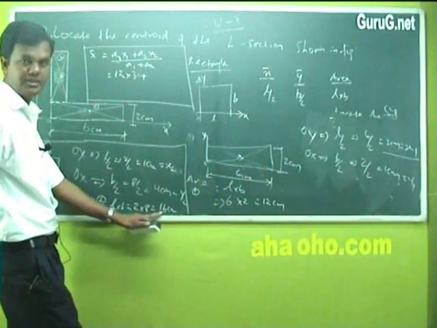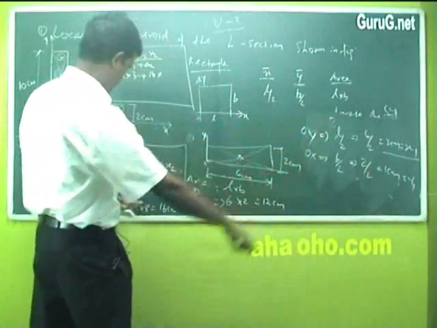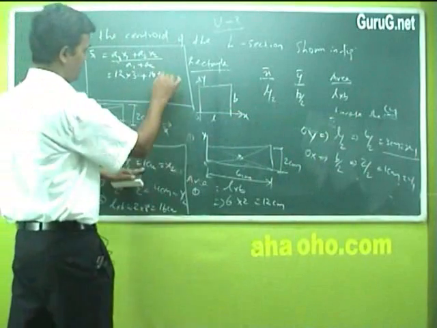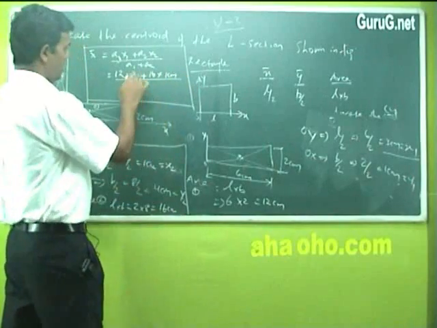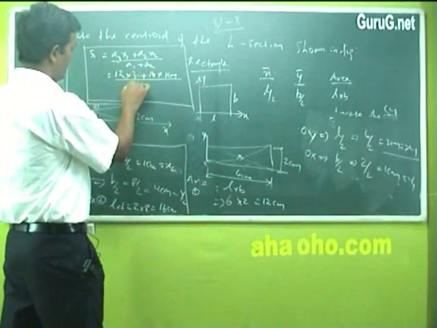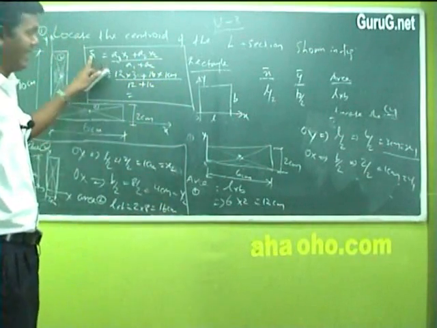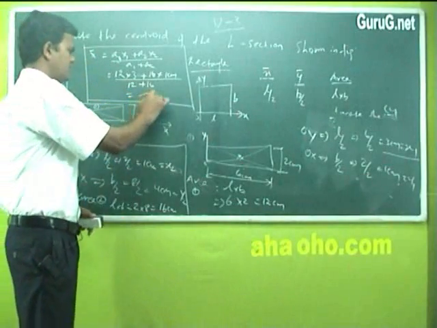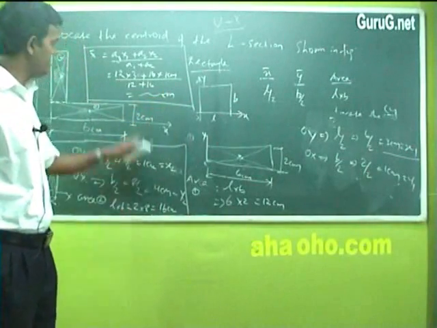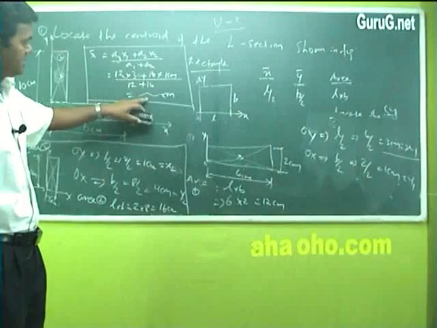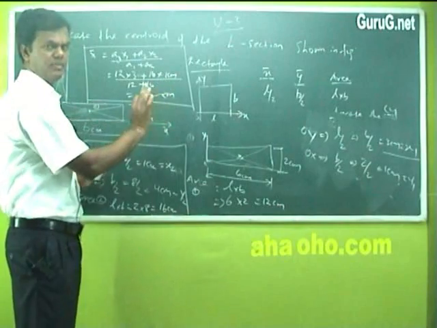Area 2 is this, 16 centimeter. 16 into the x2 value, which is here, 1 centimeter. Divided by a1 plus a2. A1 is 12 plus a2 is 16. This gives my answer for x bar. Some centimeter value is for x bar. After finding this value, suppose I take some value of 12 centimeters as my answer.